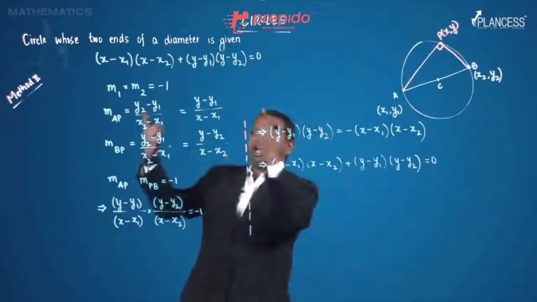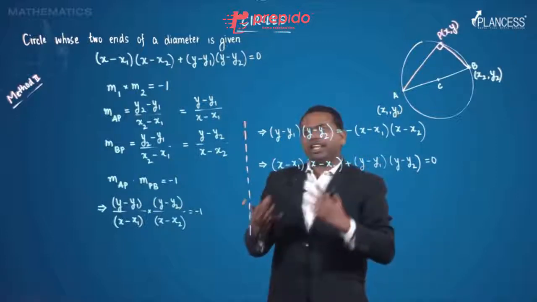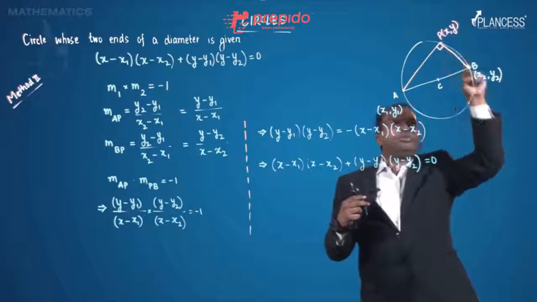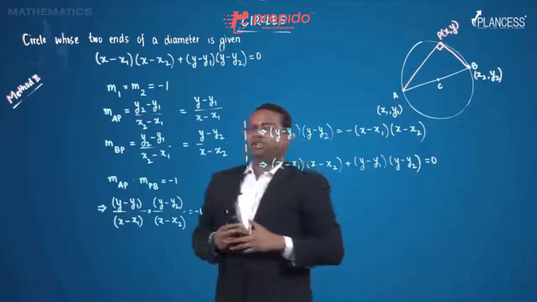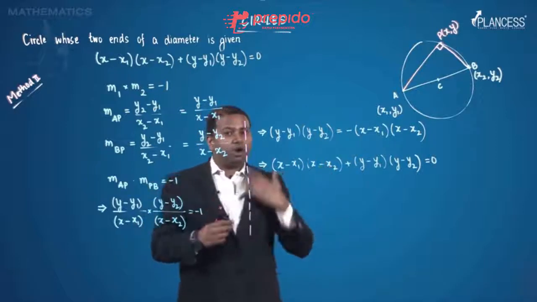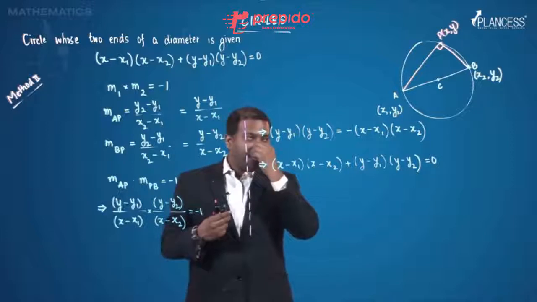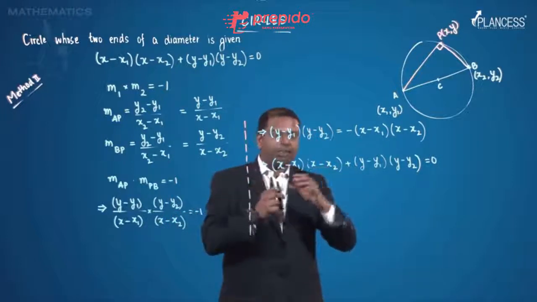So we have again derived this equation, this time fairly easily compared to the last time, because of the simple use of the property of the circle which we have studied in standard 10th. These properties are always going to be very useful and handy in solving questions if we apply them at the right place and utilize them properly.